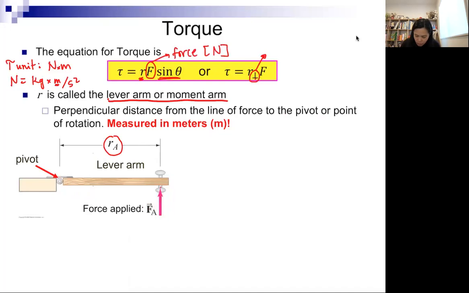If you extend the line of force, and then draw a line that's perpendicular to that force and passing through the pivot point, then this will be the lever arm in this scenario here.